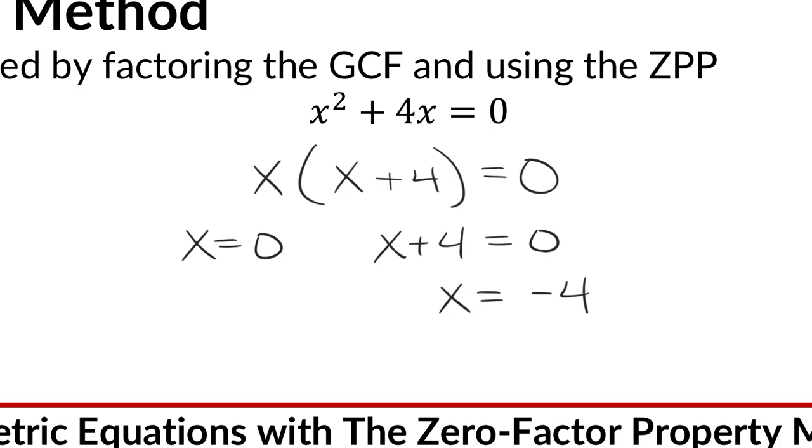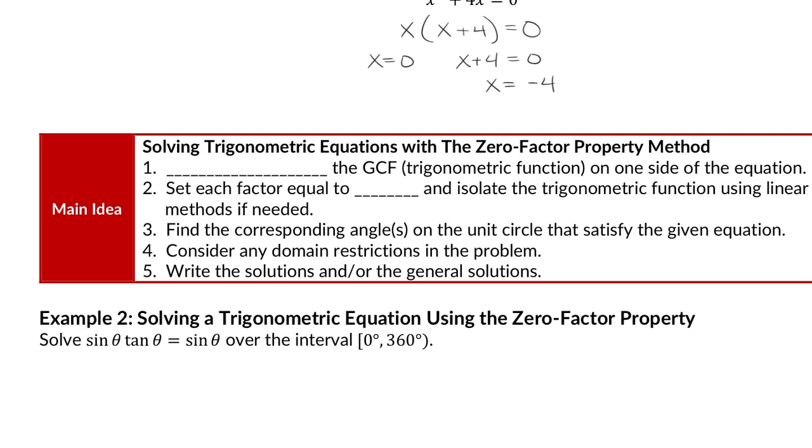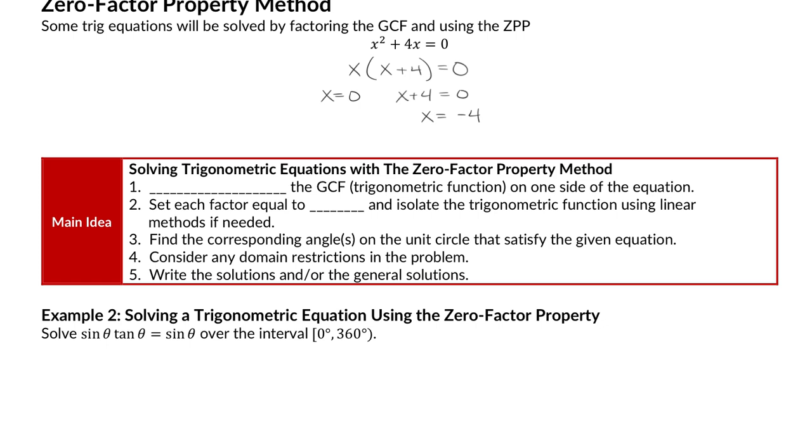Same steps. If you're wanting some words to describe what we're doing, the first thing is we are factoring the GCF. Usually the GCF is a trig function, meaning there's sine of theta and then sine squared of theta. They have sine of theta in common. We're factoring it out on one side. We'll then set each factor equal to 0 and isolate the trigonometric function using linear methods.